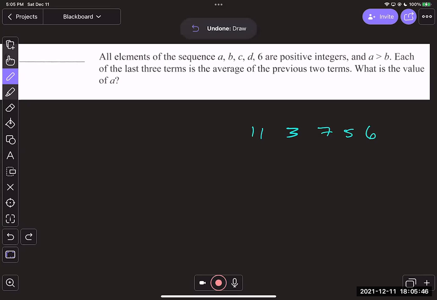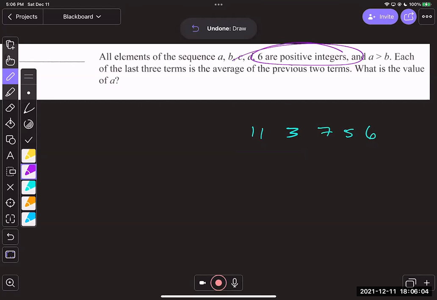So the big key here is a couple things. You can see that as these two numbers get further and further apart, these numbers over here get further and further apart. So if you pick two numbers that are too far apart here, you're going to start getting negative numbers here, which won't work because you're told in the question that these are all positive integers.